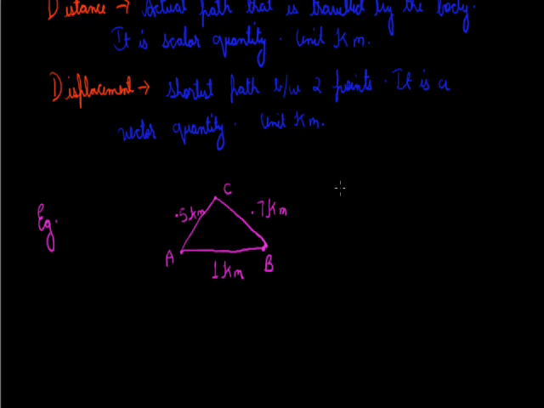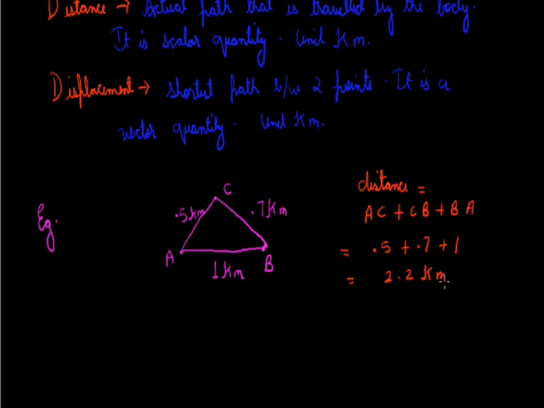So, if we want to calculate distance in this case, the person decided to move from A to C, then from C to B, and then from B to A. So the distance will be AC plus CB plus BA, which gives 0.5 plus 0.7 plus 0.1, that is 2.2 kilometers.